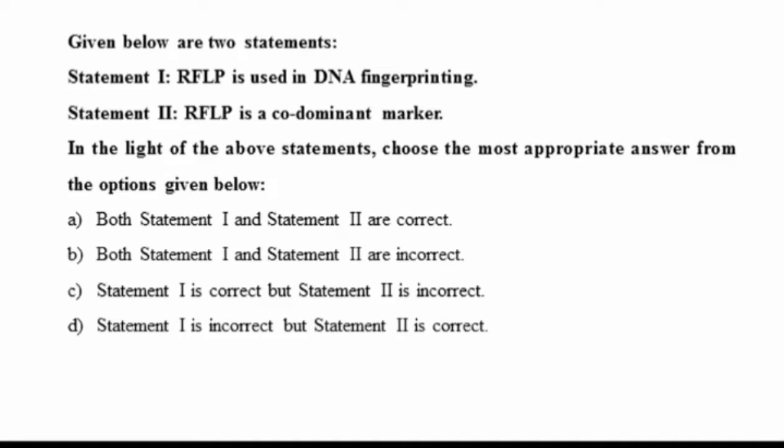The restriction fragment length polymorphism technique cuts out the genes which are likely to be differentiating factors using restriction enzymes. The restriction fragment length polymorphism, or the RFLP technique, exploits variation in DNA sequence.